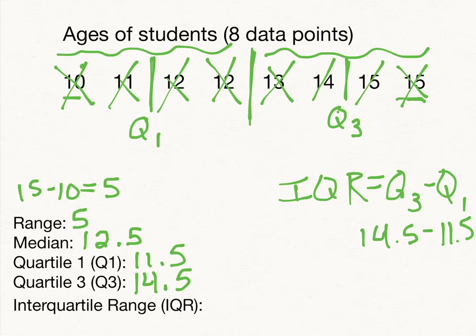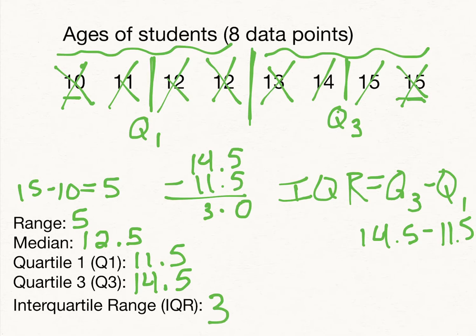Now, because we have decimals, we want to make sure when we're subtracting that we are lining these decimals up to make sure our place value is in the correct place. 5 minus 5 is 0, 4 minus 1 is 3, and 1 minus 1 is 0. So our IQR here, our interquartile range, is 3.